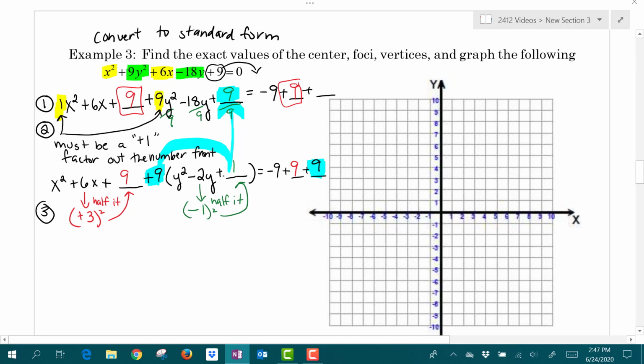If we divided out a 9 from all those terms, you have to think about what if we went backwards and multiplied that 9 back in? What would we have sitting back up here after we multiplied that 9 back into all those terms? That's the number that we have to add to both sides. All right, so that's going to pop up again in the next several problems, so you want to pay attention to what happens when you have to factor out a 9 or factor out any number to the front, and how that changes what you put in the blank on the right-hand side.